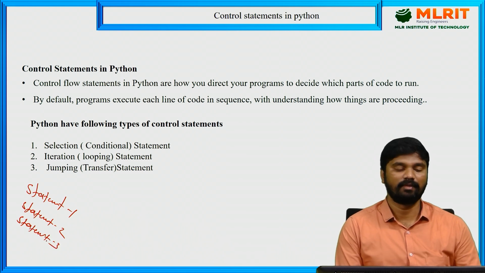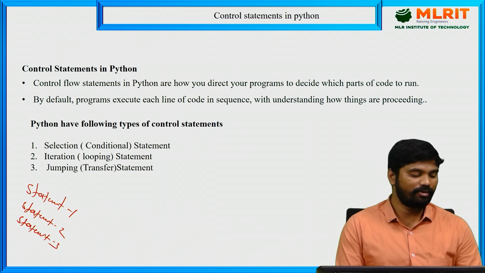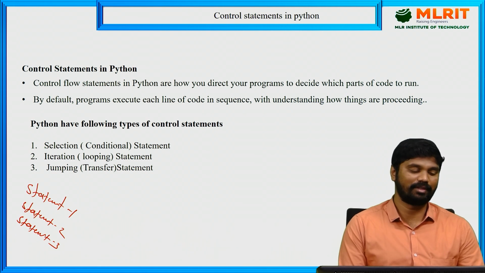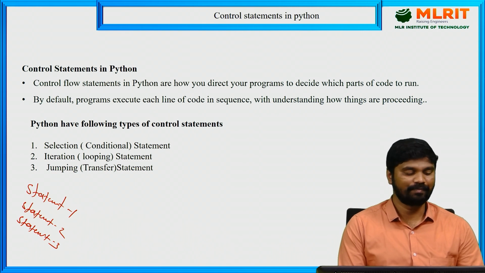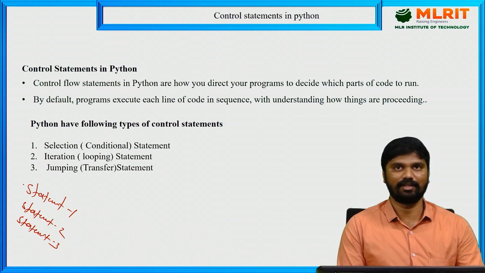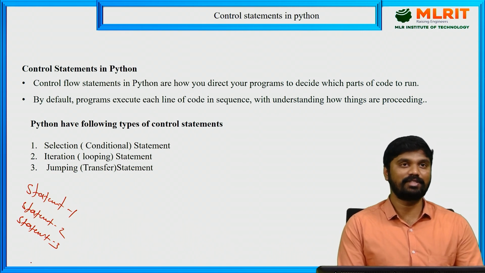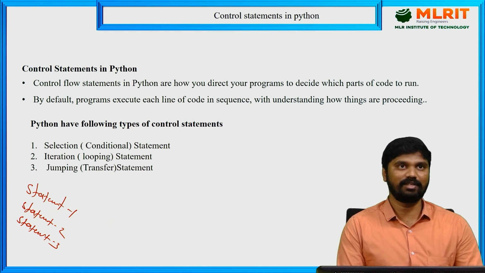Now see, how are we going to change the flow of execution? What does changing or controlling the flow of execution mean? For example, here statement 1 is there. After statement 1, which statement has to be executed? Generally statement 2 has to be executed.